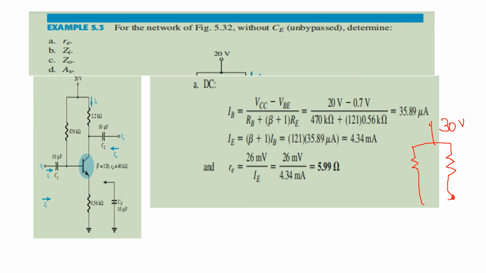This is your collector terminal, RB, RC, and this is your RE.